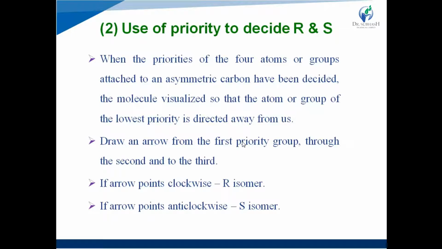And if the arrow points anti-clockwise, then the chiral center is S and the enantiomer is the S isomer. The letter R comes from the Latin word rectus, meaning upright, and S comes from the Latin word sinister, which means left, right?